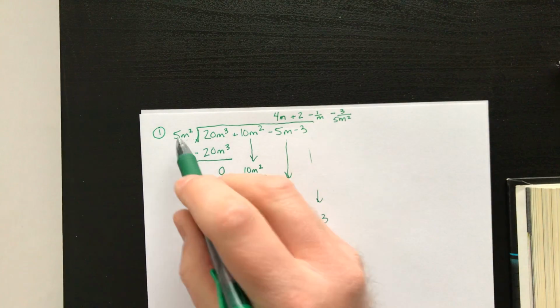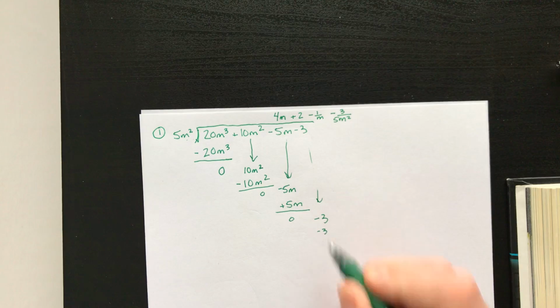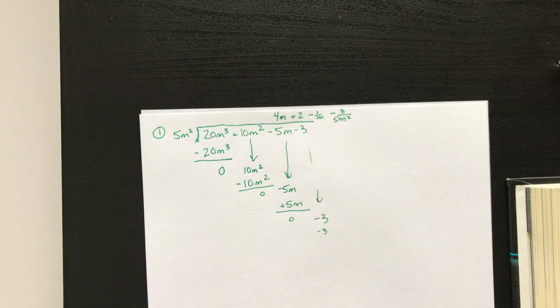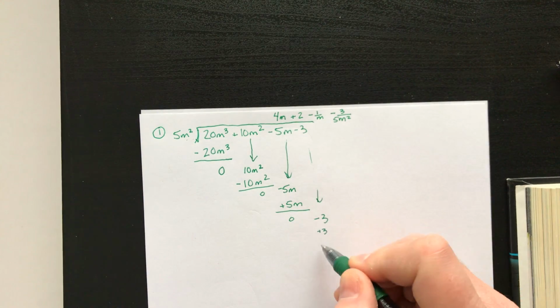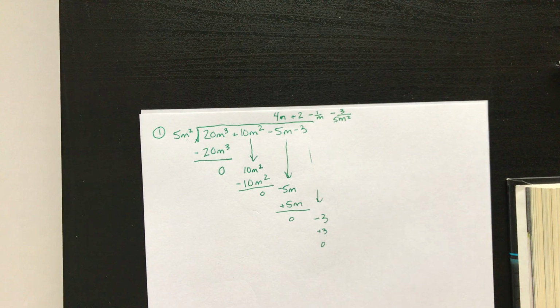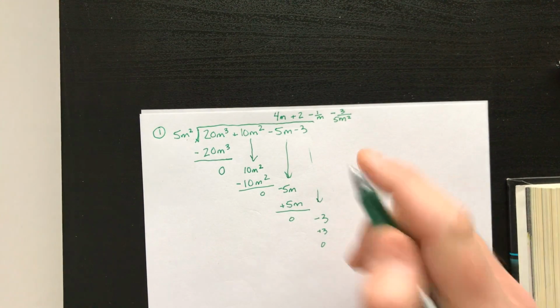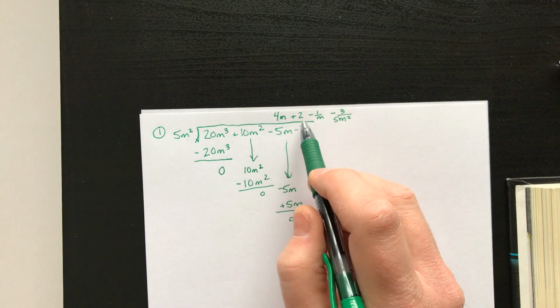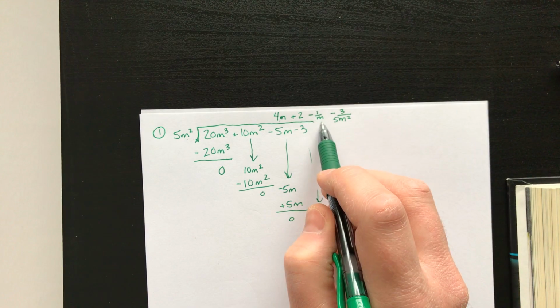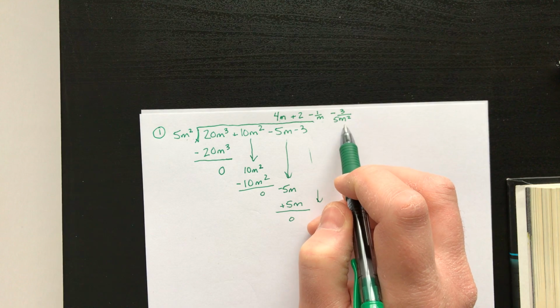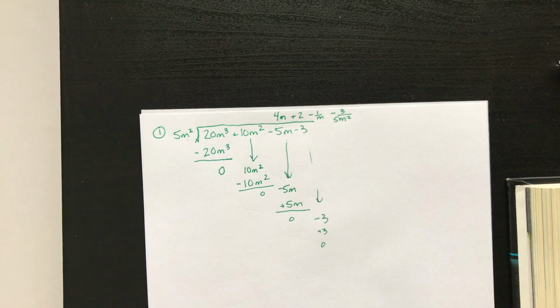Because if we multiply this, the 5m squareds are going to cancel. We're just left with a negative 3. Okay? You change the sign, 0. We have 0 remainder. So our final answer is 4m plus 2 minus 1 over m minus 3 over 5m squared. Okay?